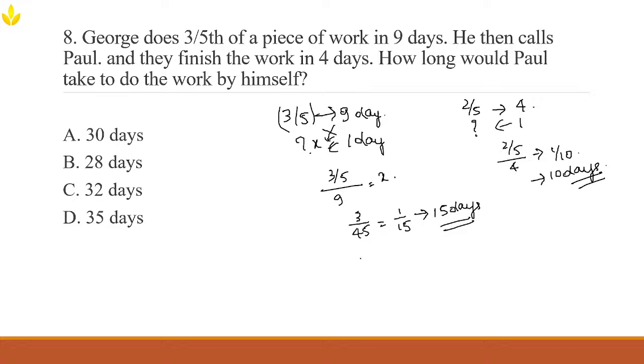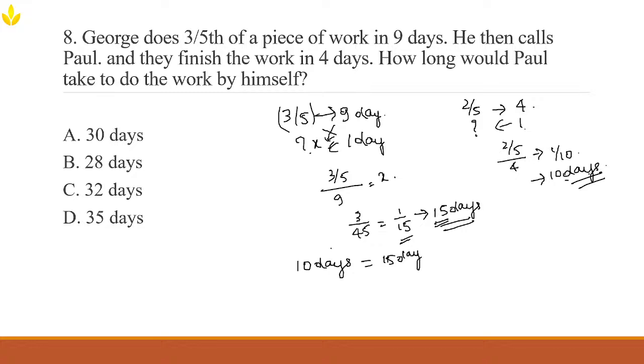Okay. So now we can get it as both of them are completing 2 by 5th of the work in 4 days. So in 1 day, 1 by 10th of the work is completed by Paul and George. So to complete one whole work, both of them take 10 days, while George alone takes 15 days.